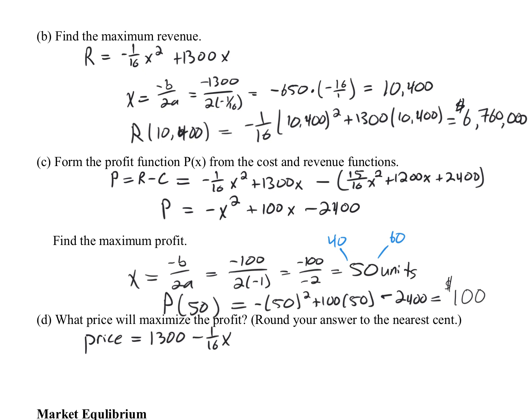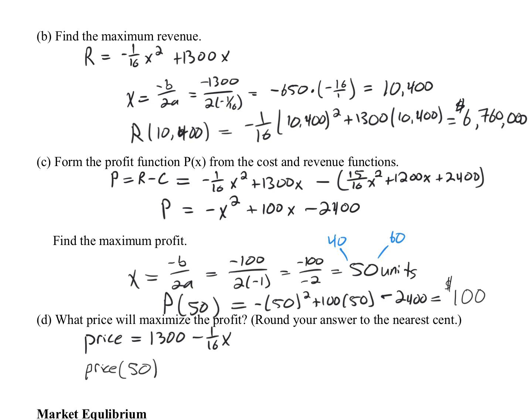If we are talking about the price to maximize profit, that would be the price when we produce the number of units required to maximize profit. In the textbook, they make your profit a capital P and your price a lowercase p. I feel like my notation with my handwriting is not super great, so I'm just going to write price out in words so that it's clear when I'm talking about price.